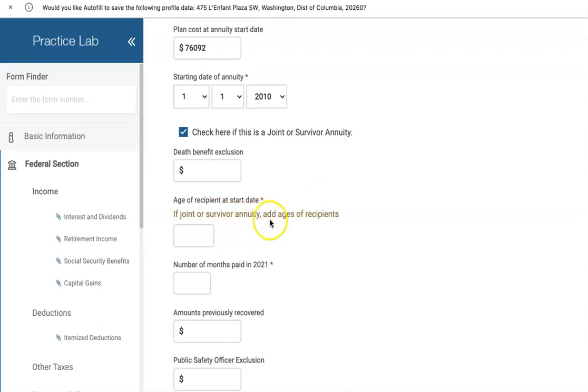If this is a joint or survivor annuity, we add the ages of the recipient to enter into this box. So Mr. Cantor was born in March of 1950. He was 59 years old on January 1st, 2010. His wife was born in 1954. She was 55 at the start of the annuity. You add 59 and 55, and you come up with 114.